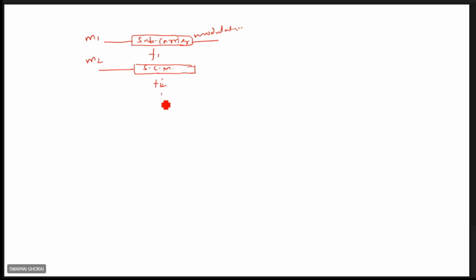In this way, we'll get the Mn signals. Let's see, this is subcarrier modulation with frequency Fn. Next, these will be combined, summed up to get the composite signal.